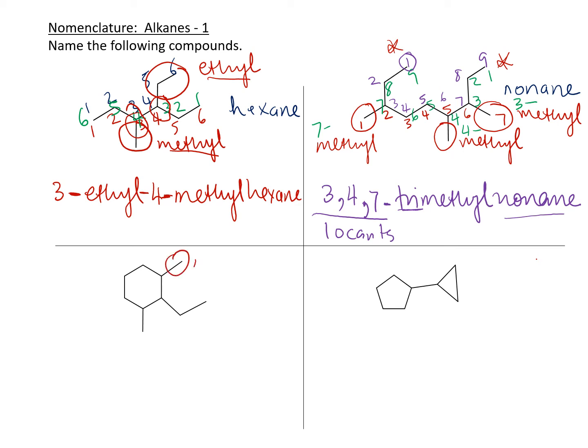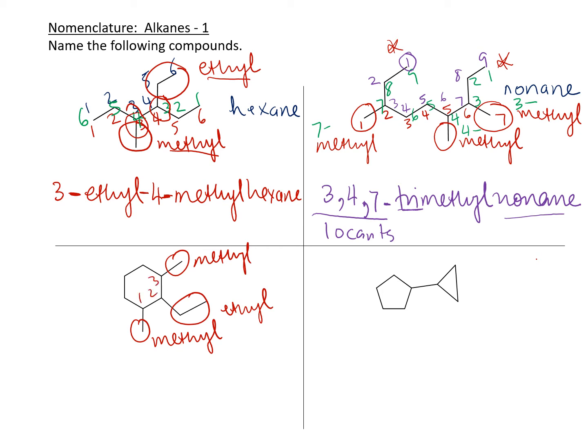This is a methyl group, this is an ethyl group, and here again we have a methyl group. All of these separately are less than 6 carbons, so we don't have to worry about that.